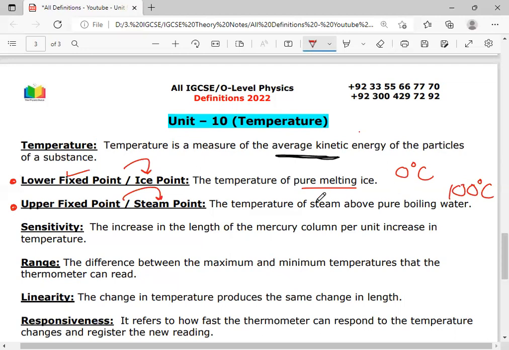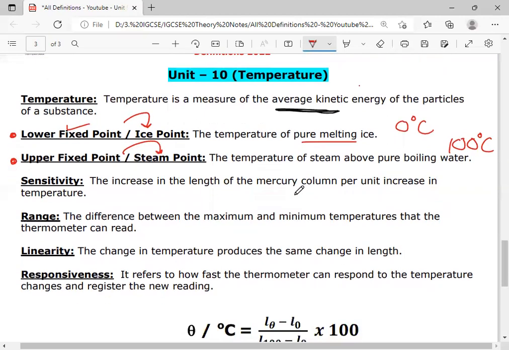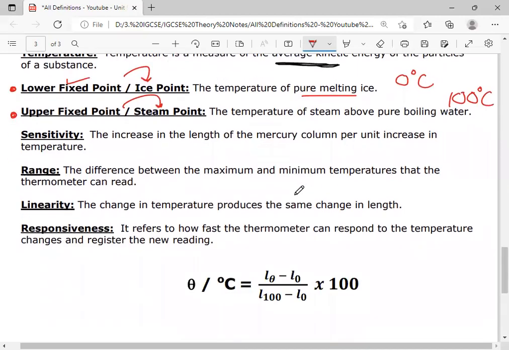Then very famous definitions are there, that is sensitivity. In sensitivity, we always consider the sensitiveness of the thermometer, that is the increase in length of the mercury column per unit increase in its temperature.